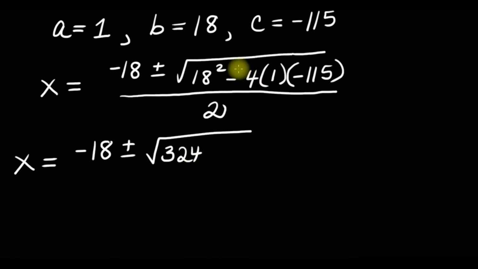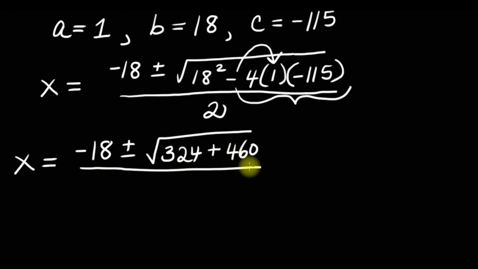And then here you have negative 4 times 1, which is negative 4, and then negative 4 times negative 115 is 460. So when you multiply all those numbers, you get 460. And that whole thing is all over 2.